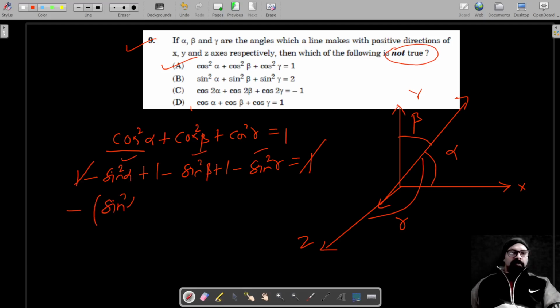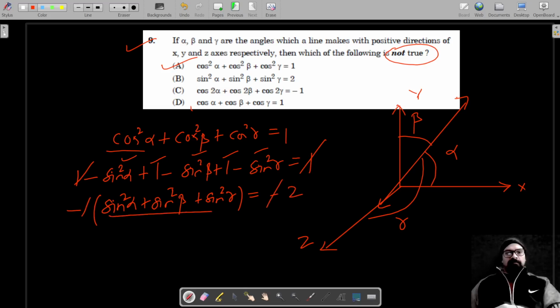So this is sin square alpha plus sin square beta plus sin square gamma, that is equal to, now 1 plus 1 is 2, and taking it to the other side it's negative 2, and the negatives get cancelled. So this statement is the second one. So this is true, this is true.